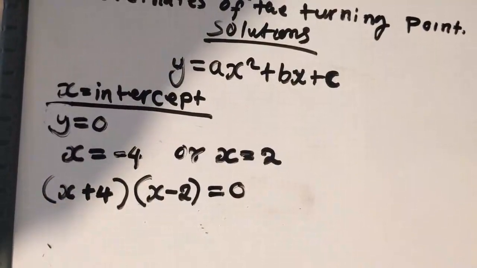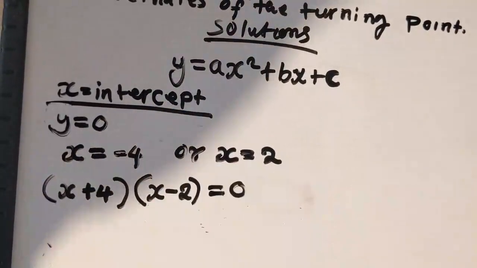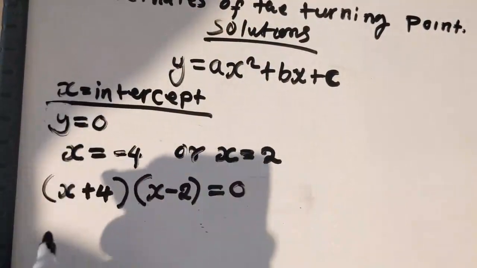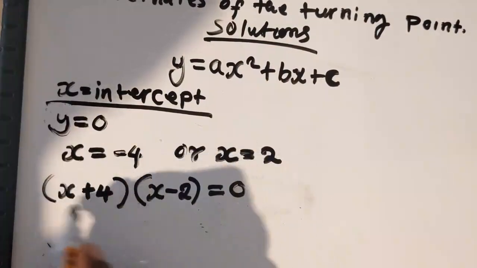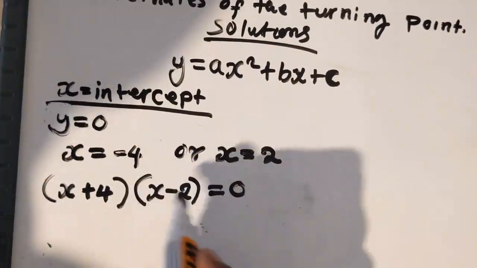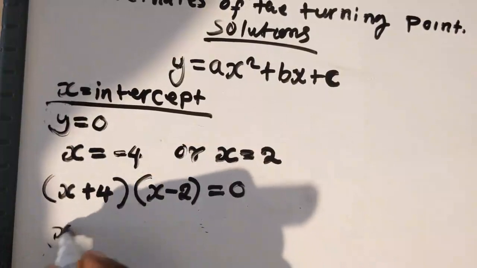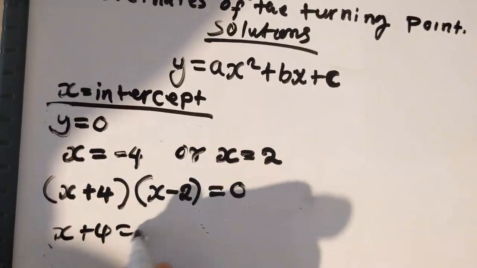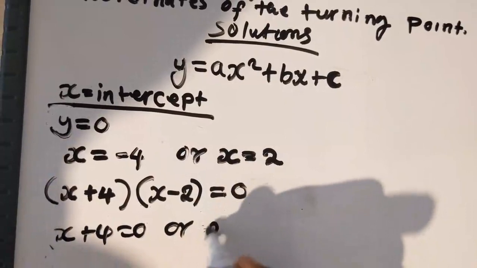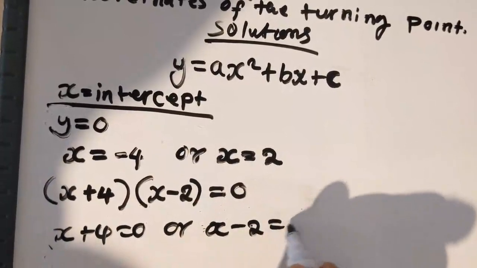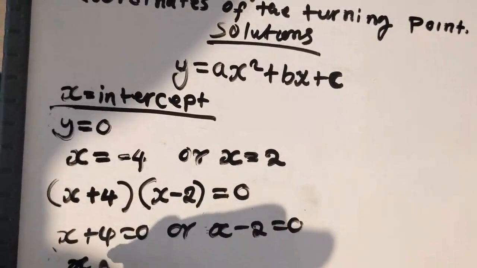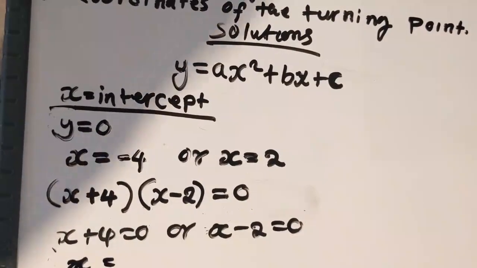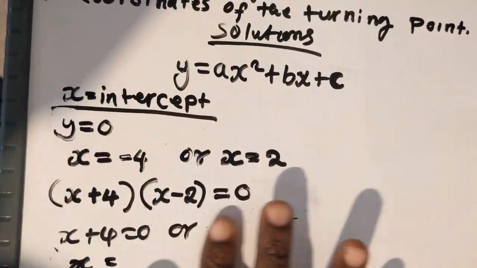There was a point where you equate this to 0 and this to 0, where you are getting x plus 4 is equal to 0, or x minus 2 is equal to 0. Then you have to find the value of x.